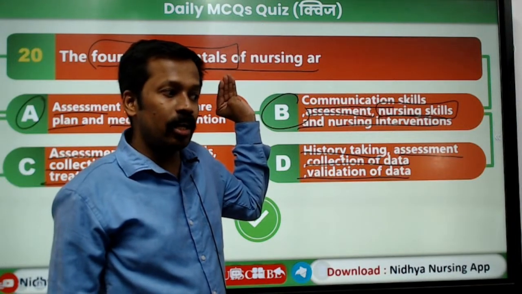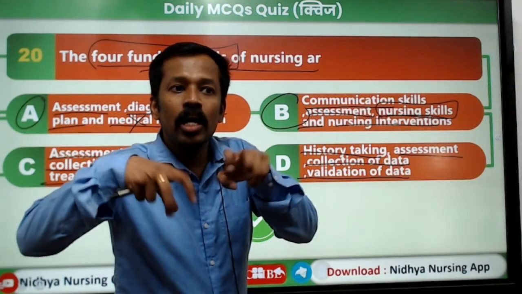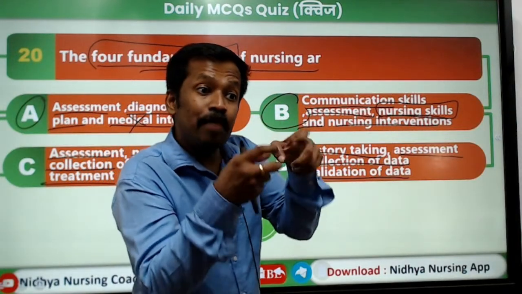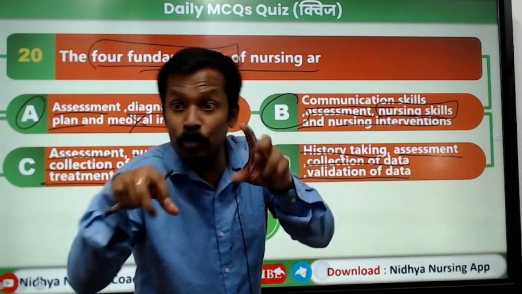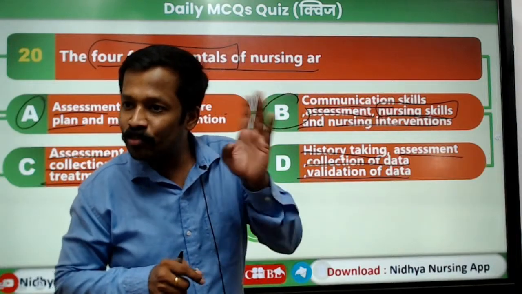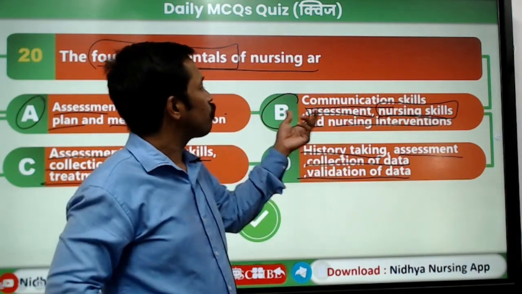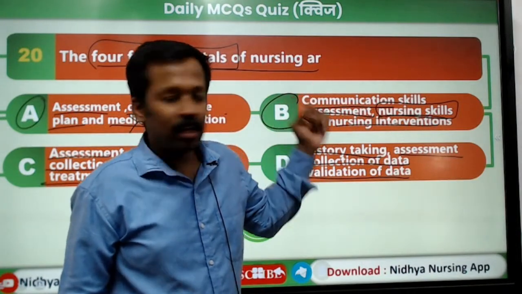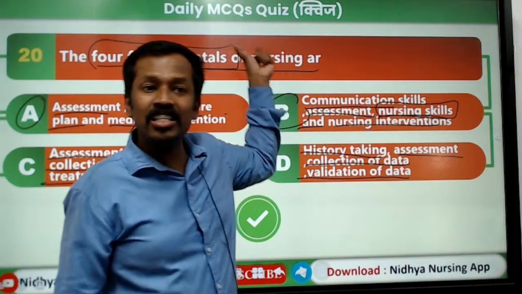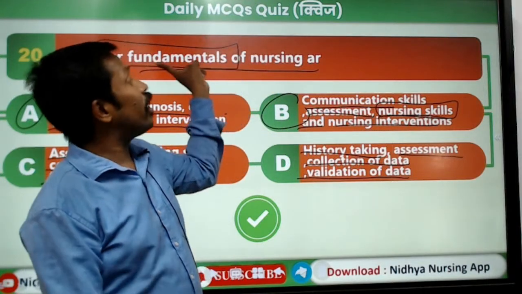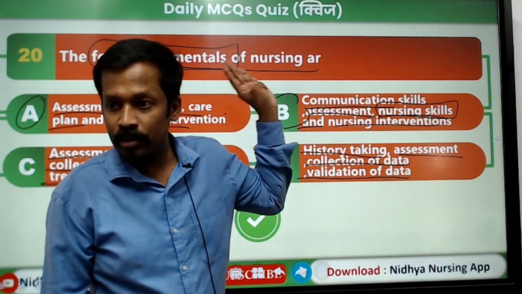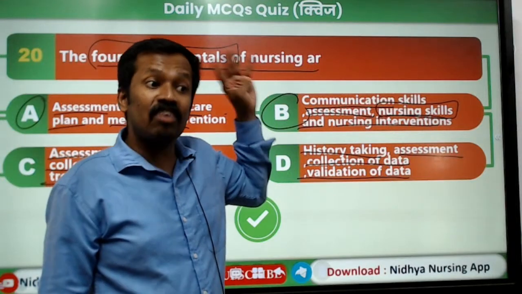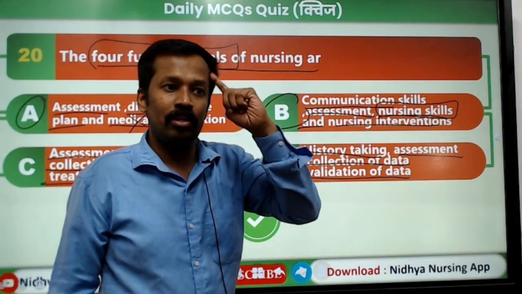Nursing skill means the ability to perform any type of procedure or action. We can say that is a skill. Nursing intervention and assessment are needed, and nursing skill is needed, but the point is whether it comes under the fundamental four or not. That is what the question is.